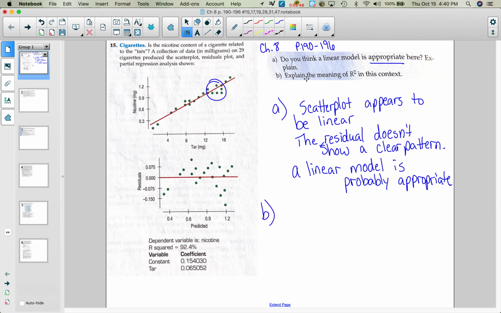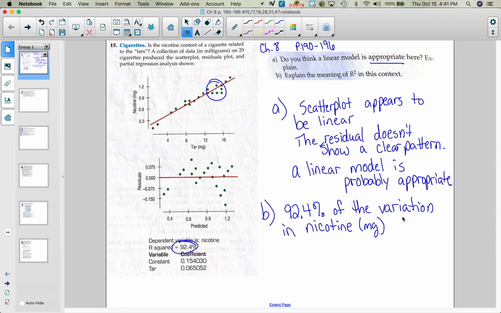Part B, explain the meaning of r squared. Okay, well, here is the value of r squared, and so here is what we would say. 92.4% of the variation in response variable, nicotine, let's put milligrams.